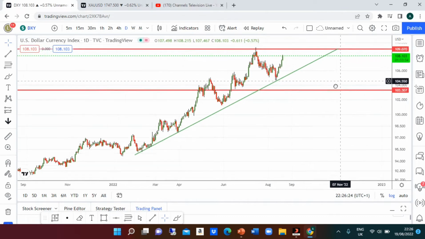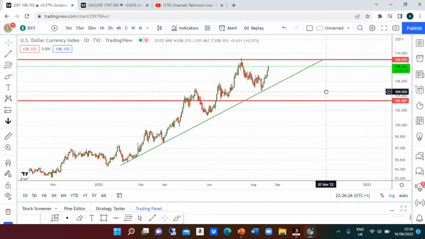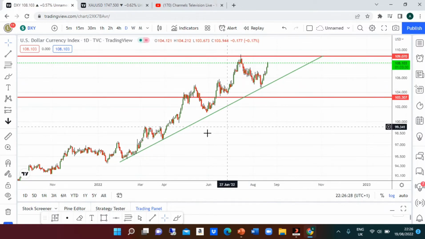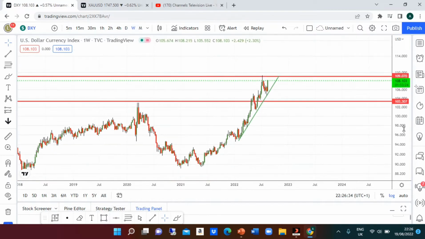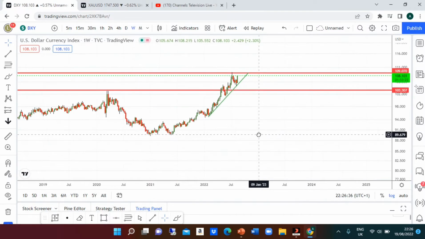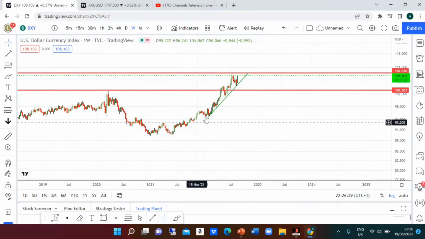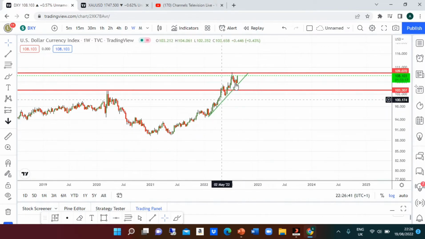So if you look at this dollar currency index chart now, this is a daily time frame. Let's go to weekly time frame. Because anything you see here, all right, this is the movement of the dollar. Now this market is still bullish. It's still bullish and uptrend. So when you saw the gold was going up, that was when this market was doing a pullback.